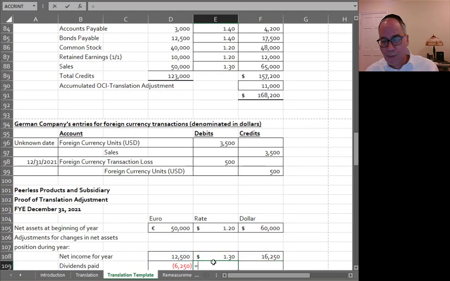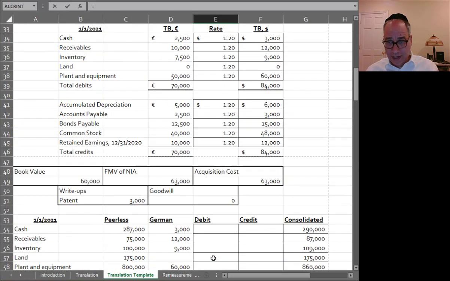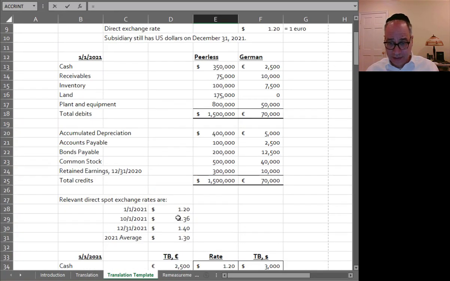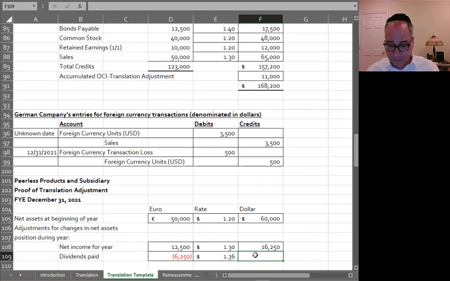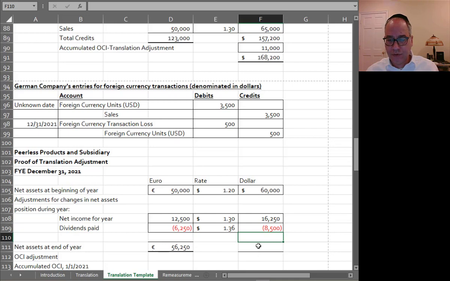Dividends paid would translate at the rate on the date of the dividend, $1.36, or 8,500 subtraction. So this would give you net assets in dollars of 67,750.